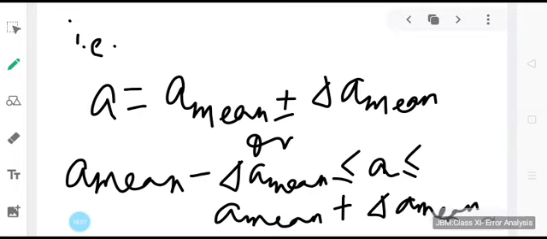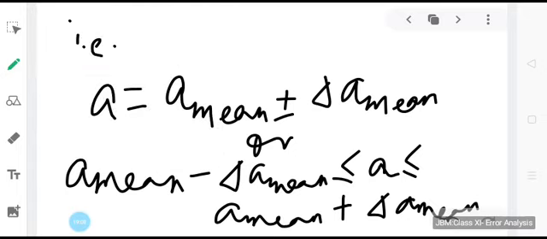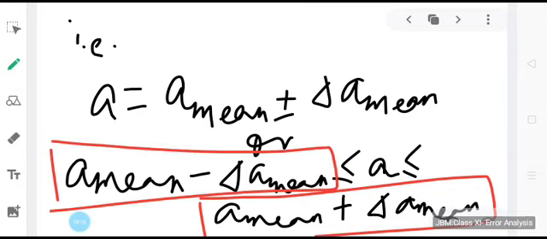This implies that any measurement of the physical quantity A is likely to lie between these two values. The value of A will be lying between these two values.